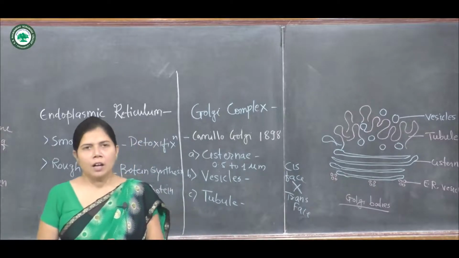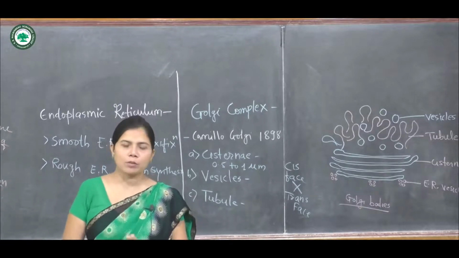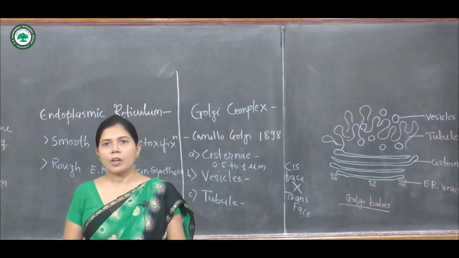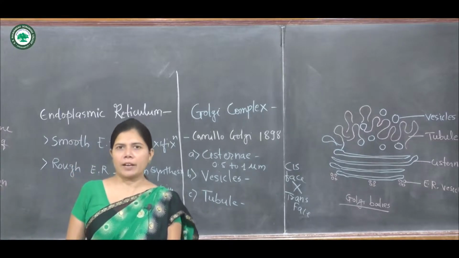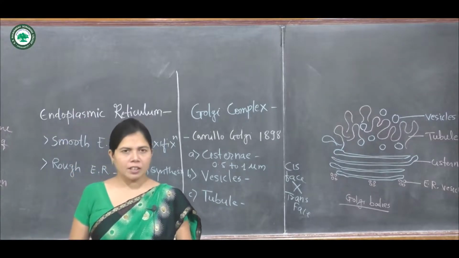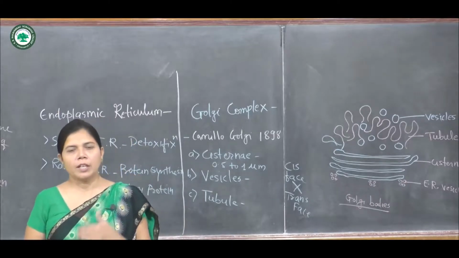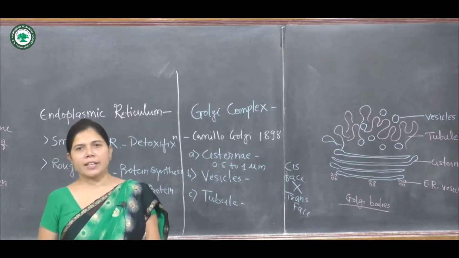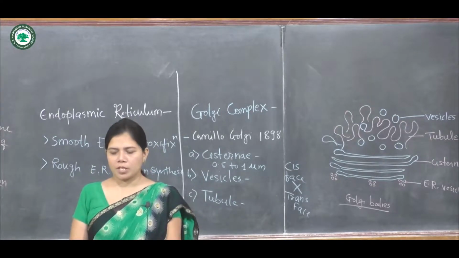Again, in the human sperm, the formation of the acrosome is carried out by the Golgi complex or Golgi bodies.